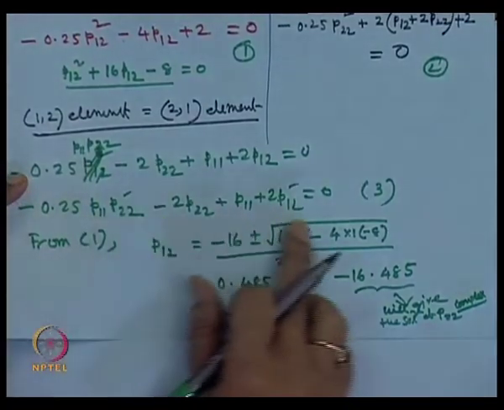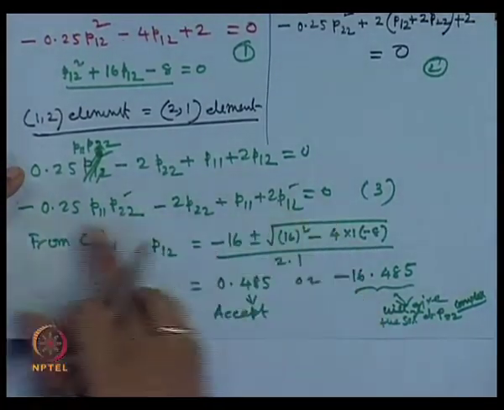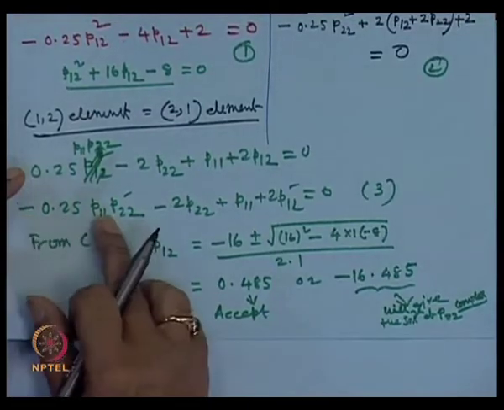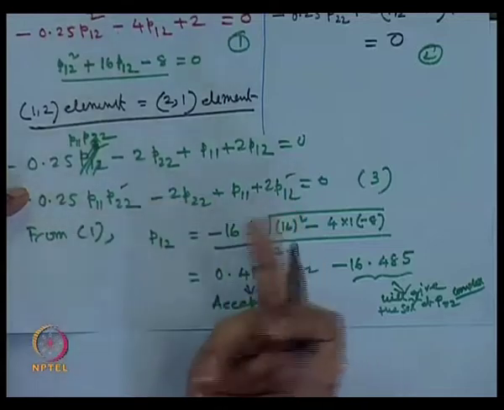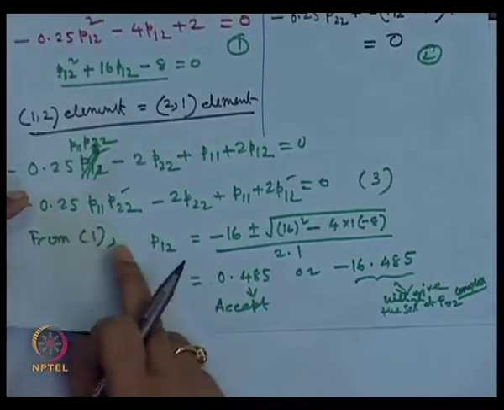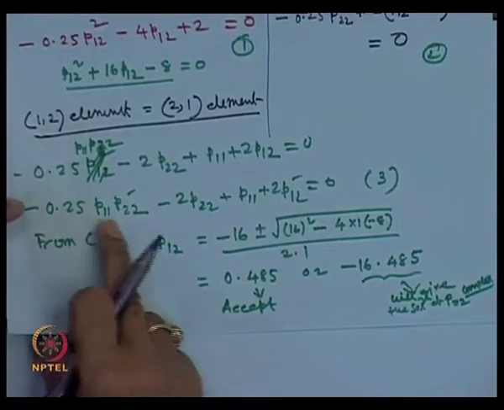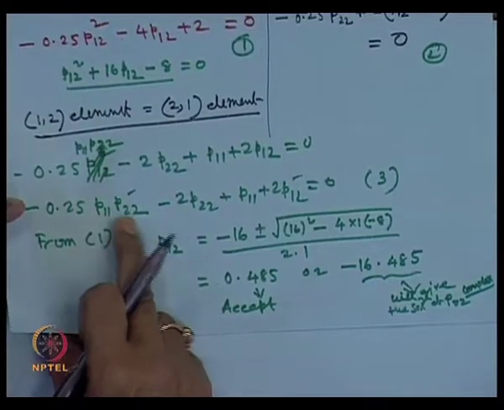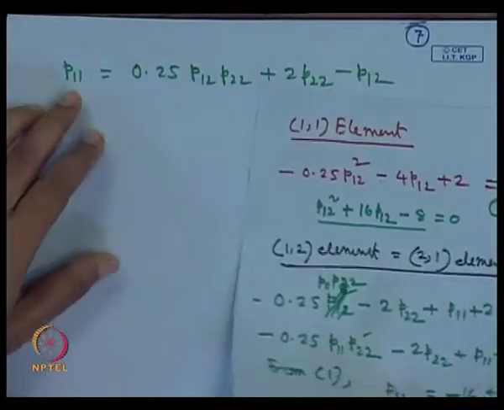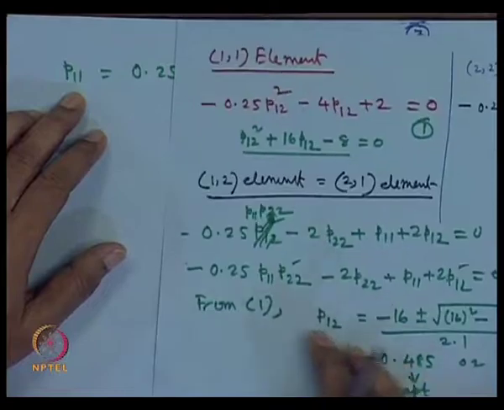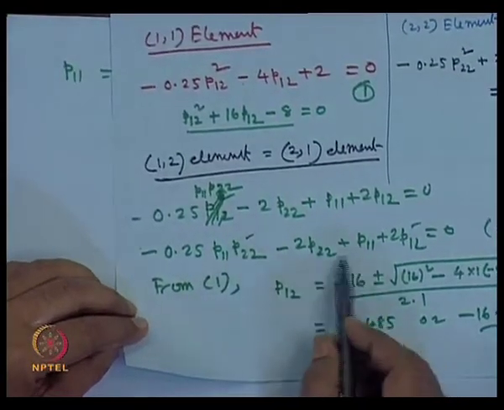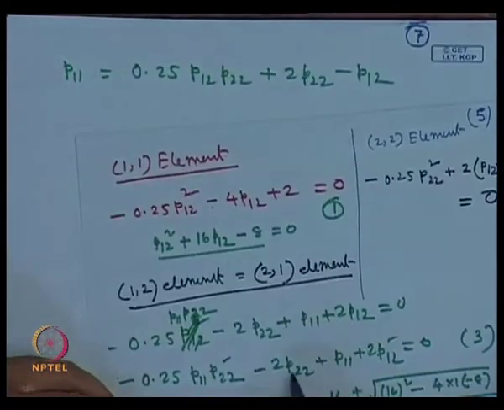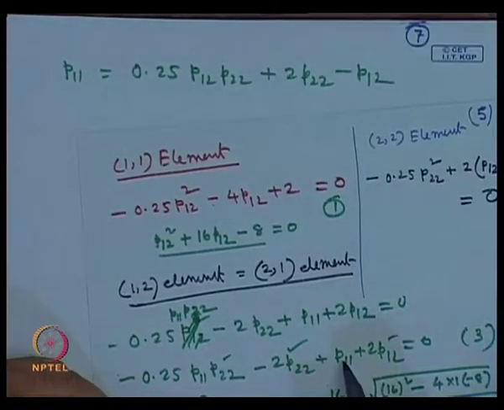This equation once again I multiplied by 4, that will be minus 4. So, 0.25 P11 P22, if you take that side, with these P22 values and twice P12 values.